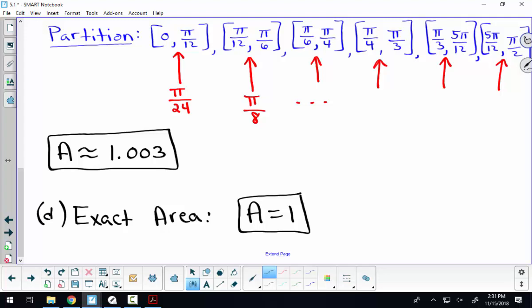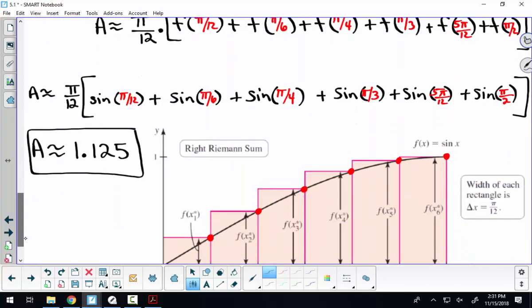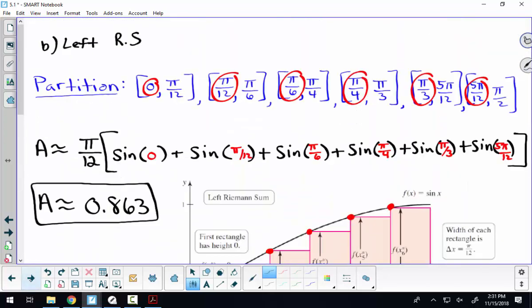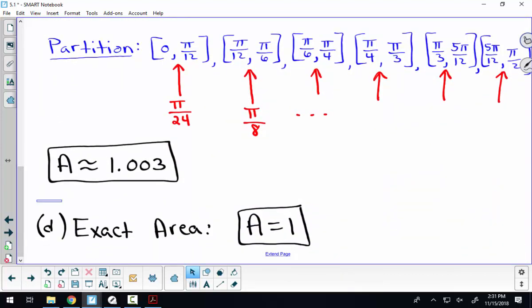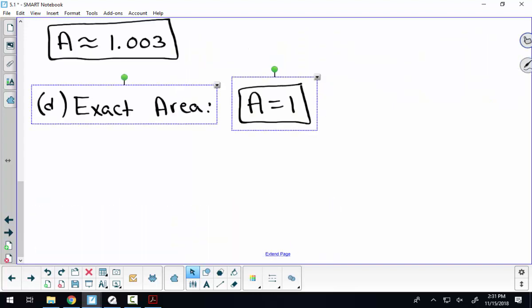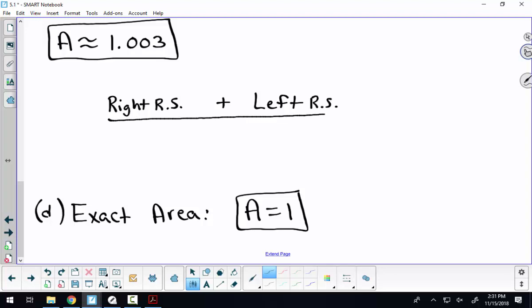Could you just add the two, left and right? Yeah, so what happens when we add the right Riemann sum... It gives you 0.9... And so you did that already? Yeah. So kind of a separate computation: if we took the right Riemann sum plus the left Riemann sum, and then divide that by 2 to average.